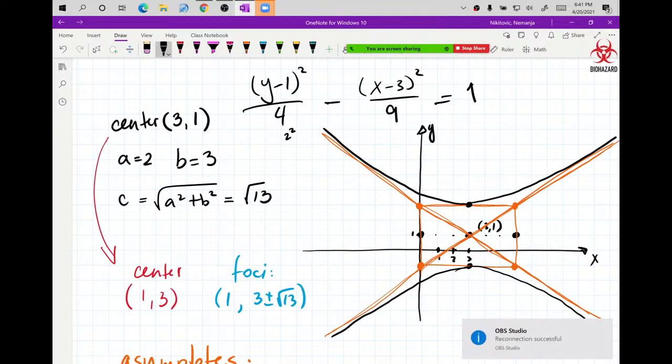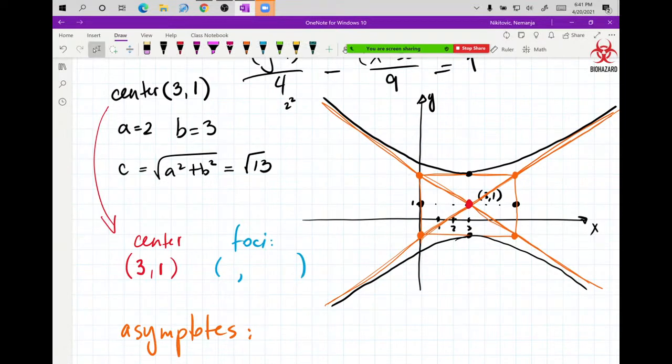And the focal points, well, now this is all backwards, so I have to fix all of this as well. Luckily, c stays the same, so it's still root 13. My center is 3, 1. That's the red point. And now, focal points are going to be on this line because they have to be included right there so that the ray can bounce into it, right?